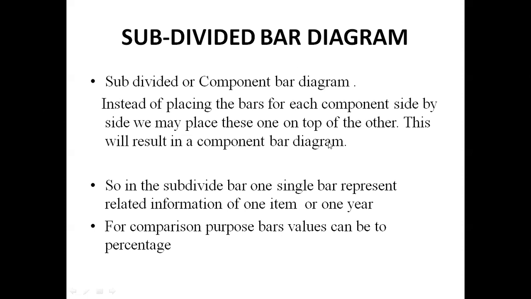In the multiple bar diagram, we place the items side by side; it is a set of bars. But in the subdivided bar diagram, one bar is divided into different components. It includes all the variables of that set, and that is considered as one bar.